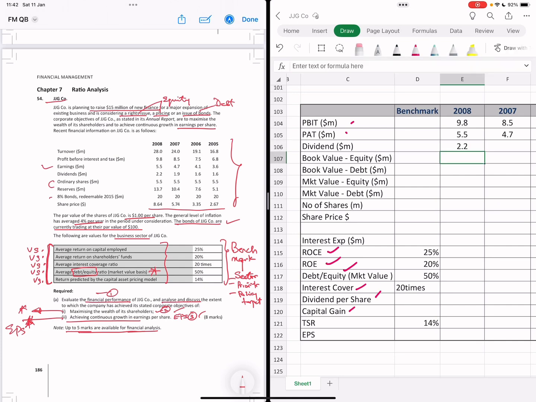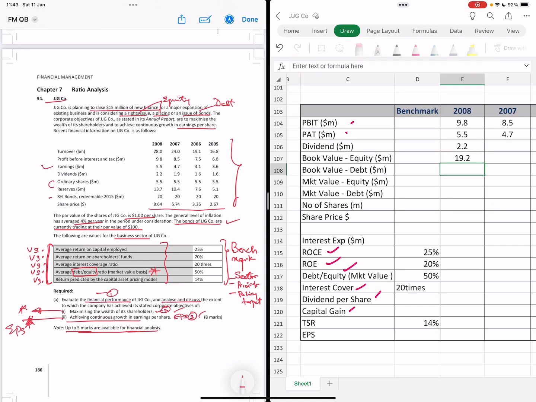The book value of equity is not just your share capital. Remember, it's always share capital and all the reserves. So here, for 2008, it's going to be 5.5 plus 13.7.